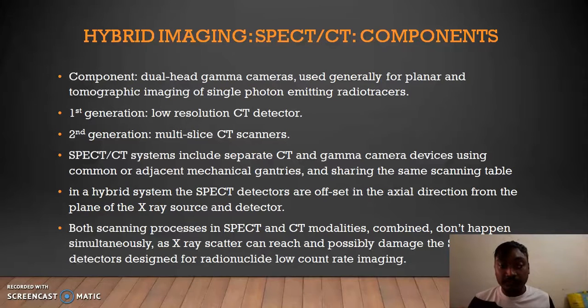The energy levels are different, obviously. Gamma rays and X-rays do not come together at the same level of the energy spectrum. So the justification is very valid for the separation of SPECT and CT modalities.